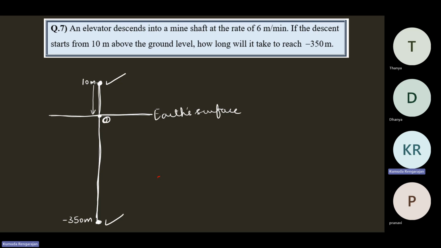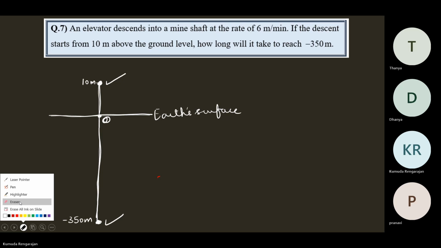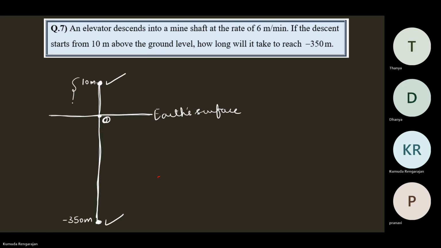What is the distance from here to here? 10 meters. What is this distance? Forget positive, negative numbers there. 350 meters. So what's the total distance? 360 meters.